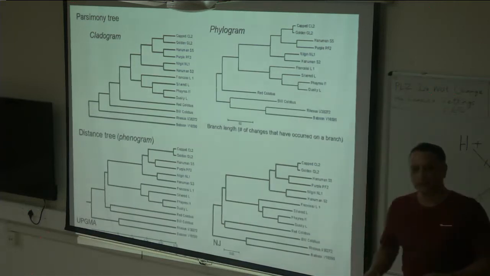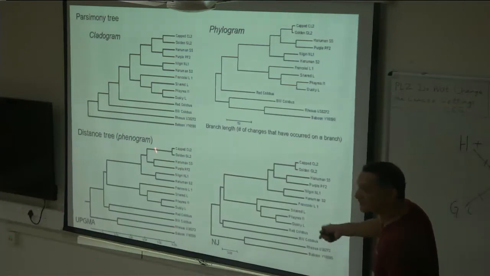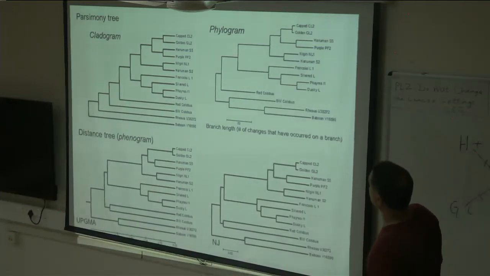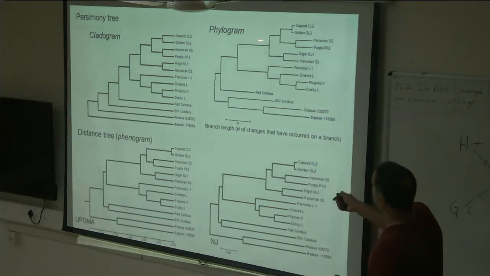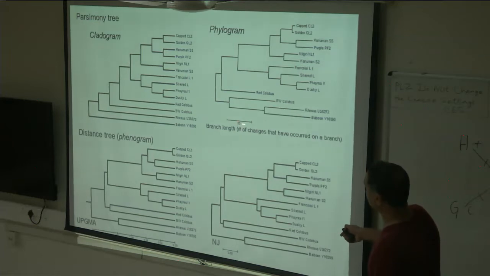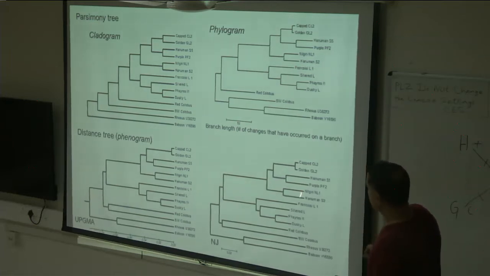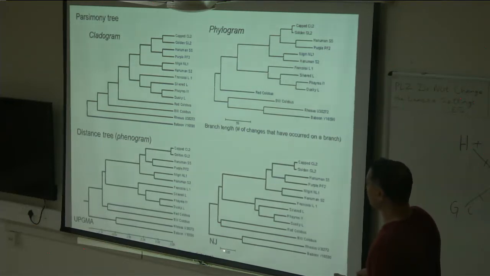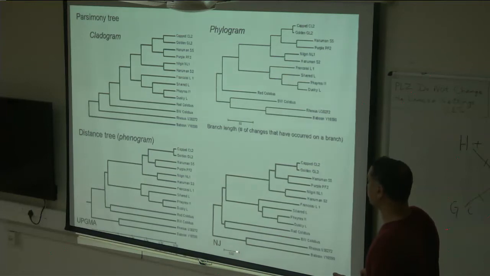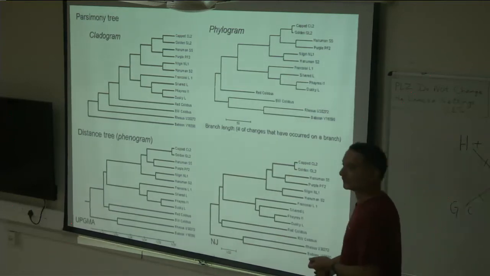corrects for rate heterogeneity, so species are not lined up like this. And when you have a phylogram, you have this little scale here, which tells you how many changes along each lineage. Whereas in the case of an NJ tree, you also have a scale, but this tells you p-distance, because this is distance based, right?